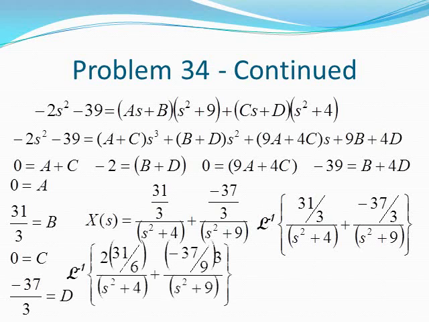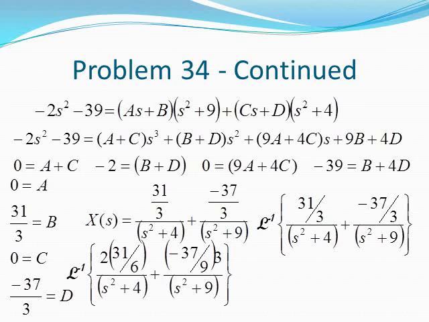Now, when you do that, to make the functions represent what they are in the tables, the s squared plus 4 is the Laplace transform of sine of 2t, but it needs to have a 2 on top.